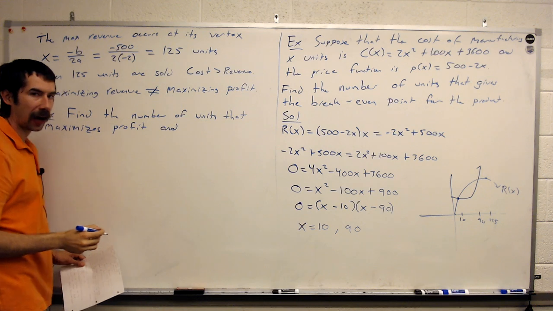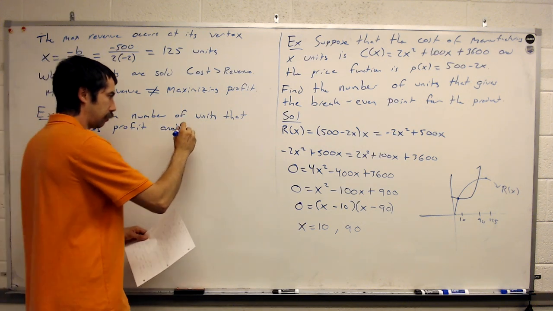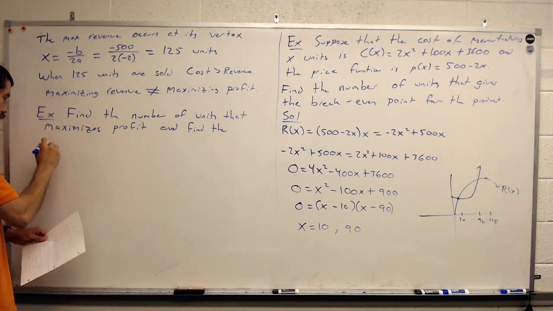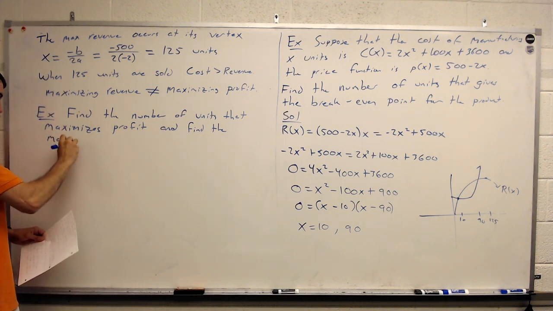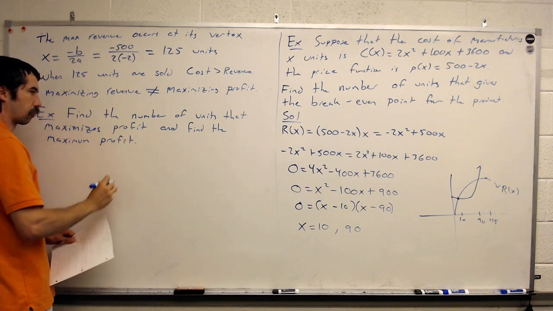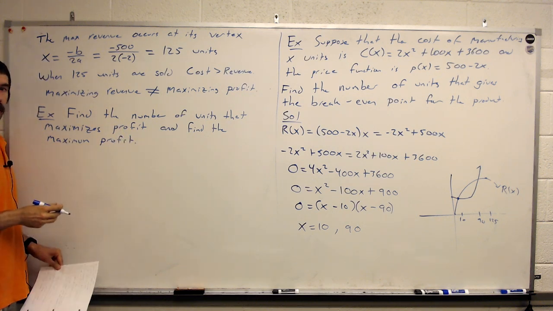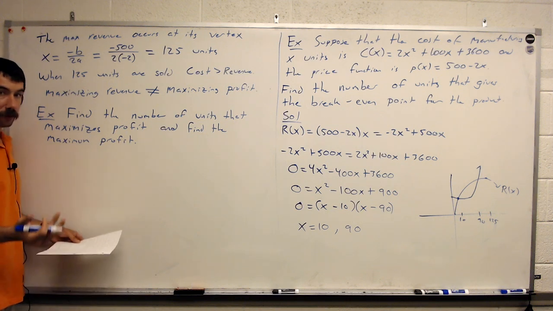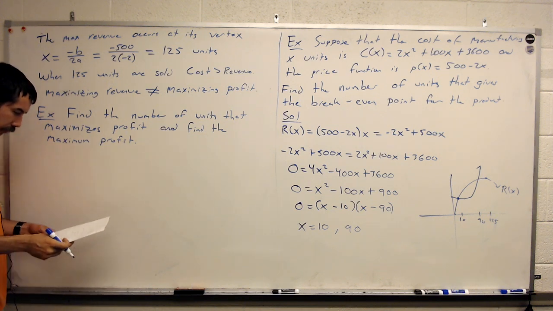And we're going to find the maximum profit. All right, so we need to find the profit function, and we're going to find its vertex. It's as simple as this.